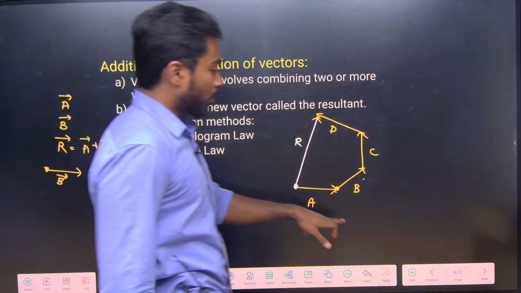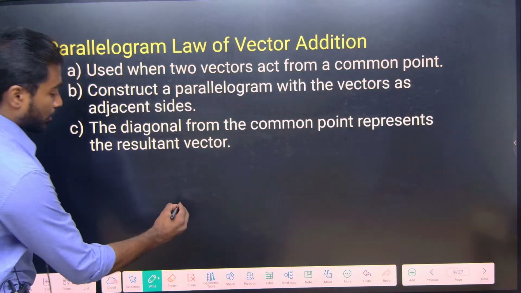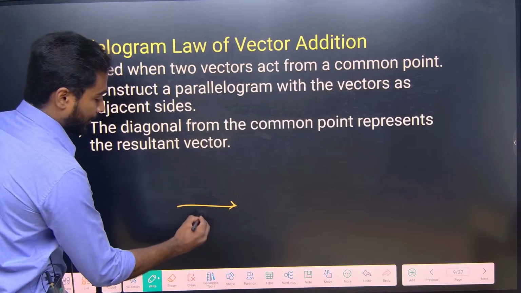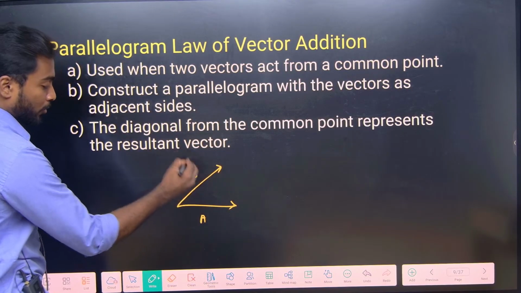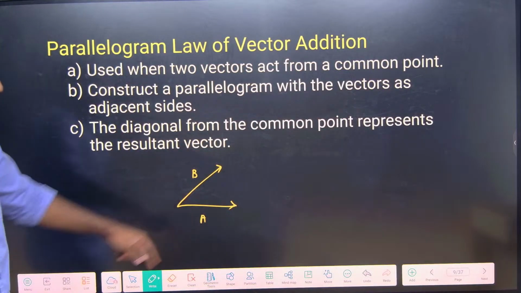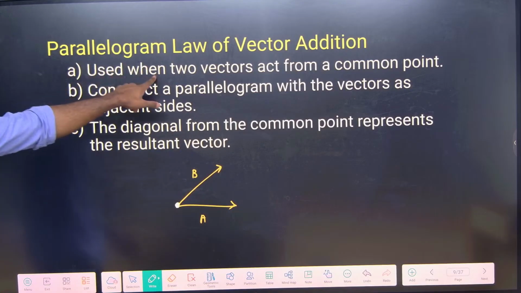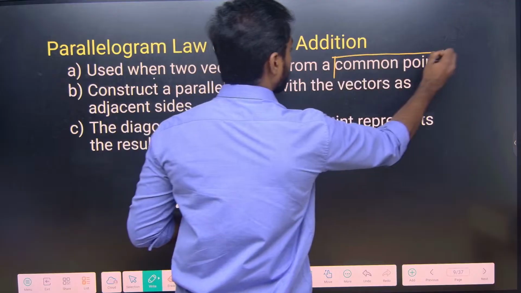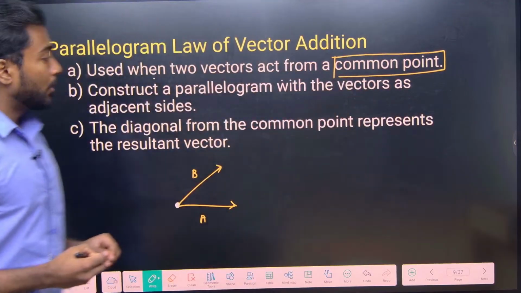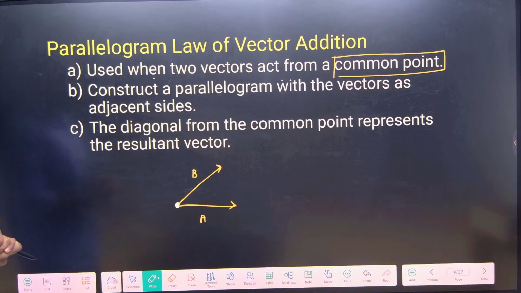But when I talk about the parallelogram law, two vectors are there, vector A and vector B. Vectors A and B start at the same point. That's the thing: used when two vectors act from a common point. So construct a parallelogram with the vectors as adjacent sides.